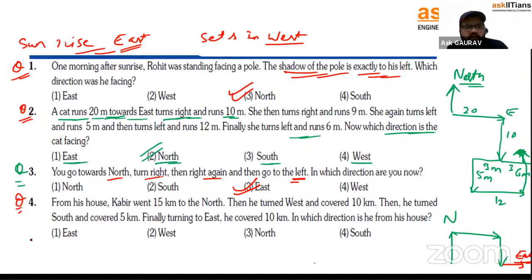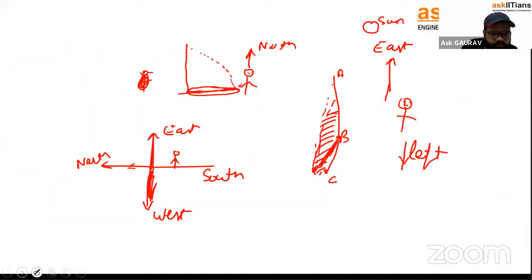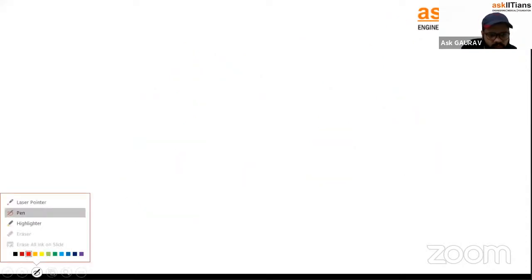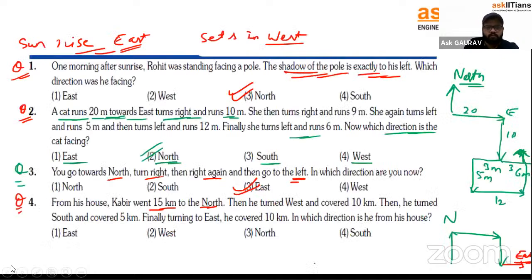Okay. From his house, Kabir went 15 kilometers north. Let me just make a diagram here. This is Kabir's house. He's moving 15 kilometers north.